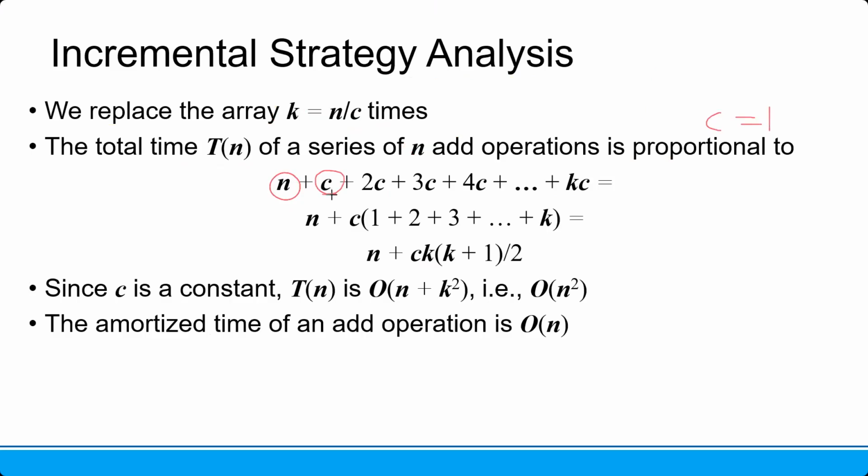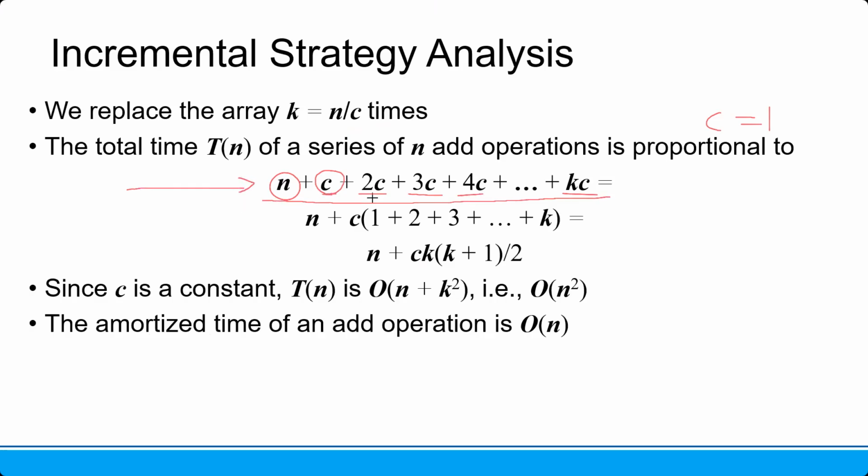Then we add one element, and after that we want to add another element, which means there will be 2c. If we want to add another element, then it is 3c, then 4c, and so on until we have kc. So if this happens every time you add an element and resize the array, then we will have this series.